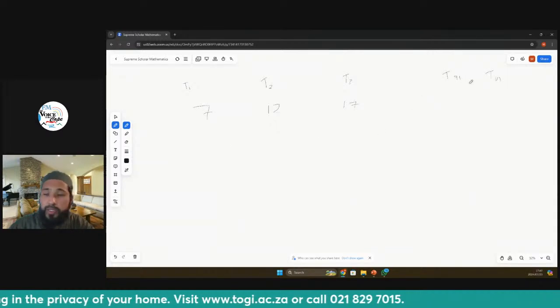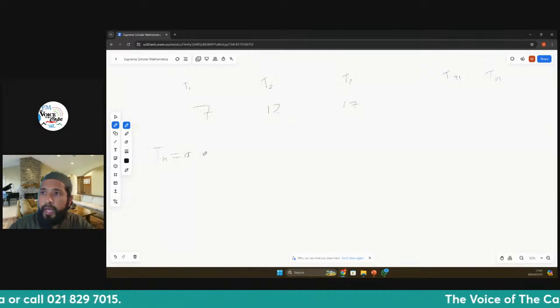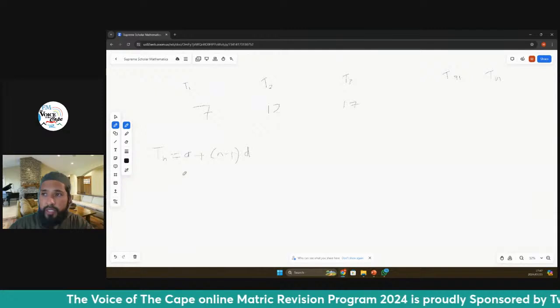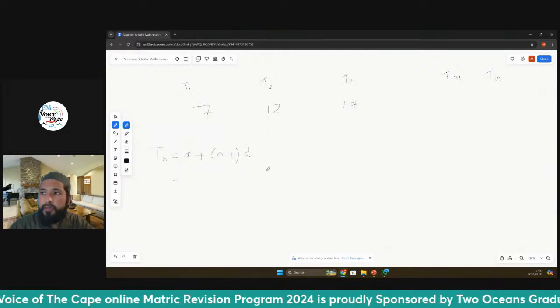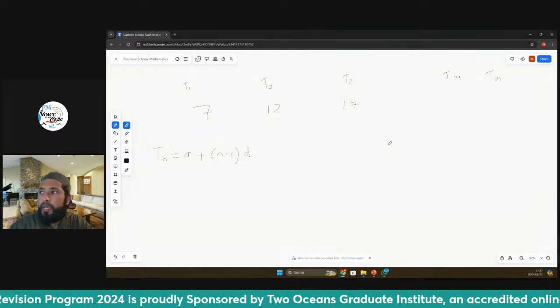The first thing we're going to do is find the general formula. We remember that Tn is equal to a plus (n minus 1) d. Now we need to find a value for a, and a value for d. Well, a is 7, so a is equal to 7.